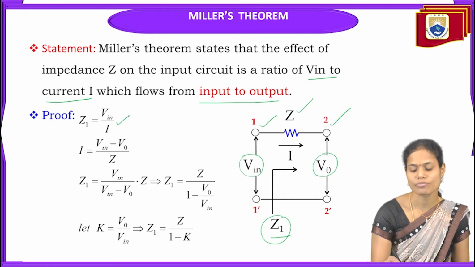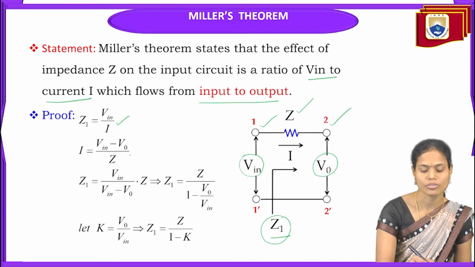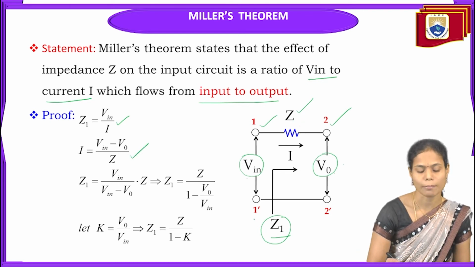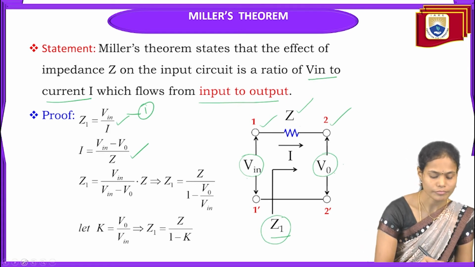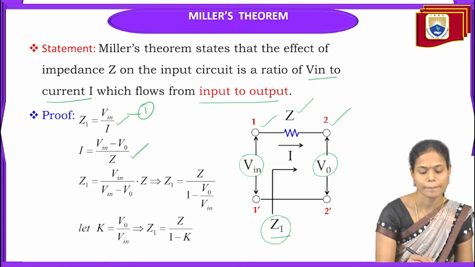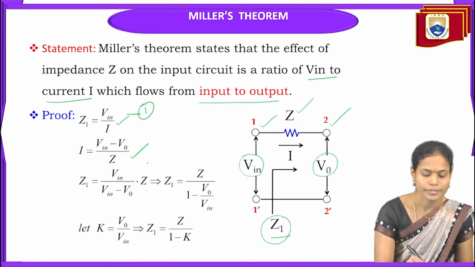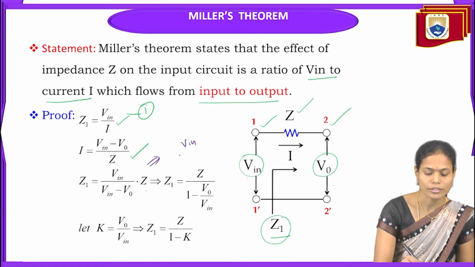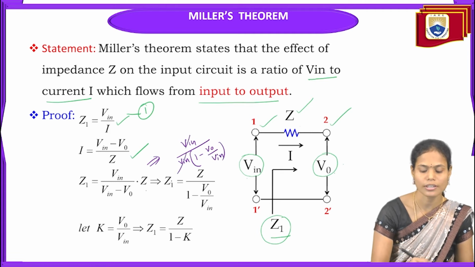But what is the I which is flowing in the circuit? That is the difference of these two voltages, V in minus V naught, divided by the total impedance Z. So I equals V in minus V naught by Z. Substituting this I value in Z1, we get V in by V in minus V naught into Z. Taking V in common in the denominator, we get 1 minus V naught by V in, and this V in gets cancelled.